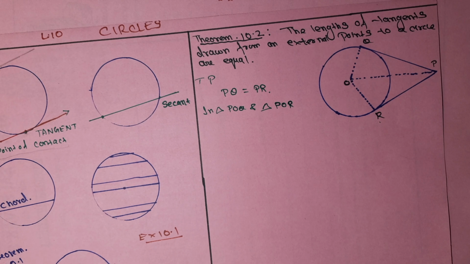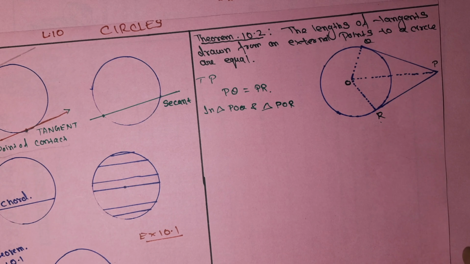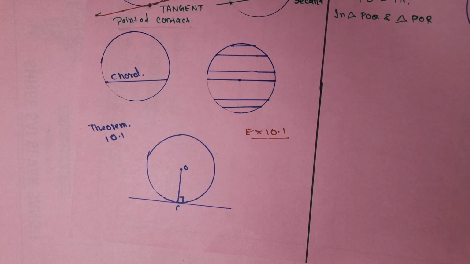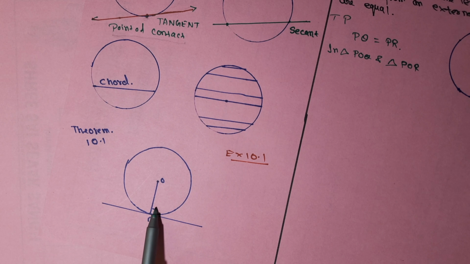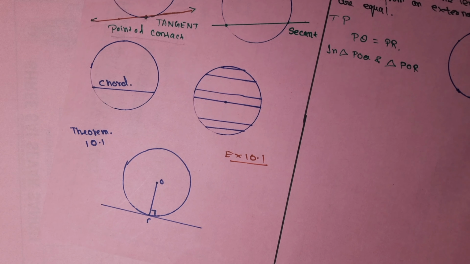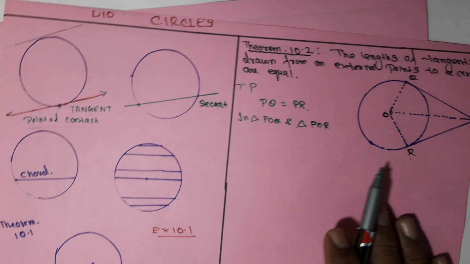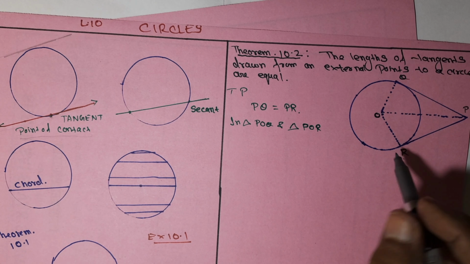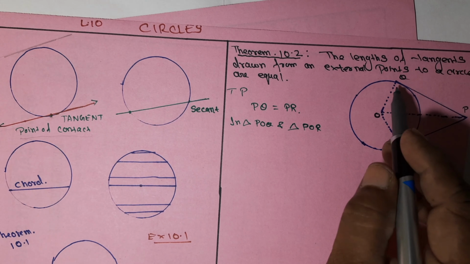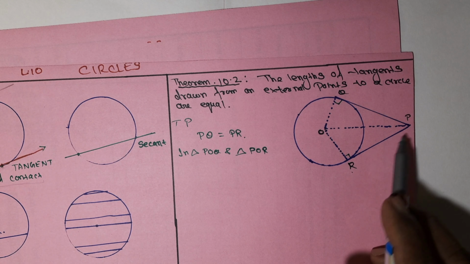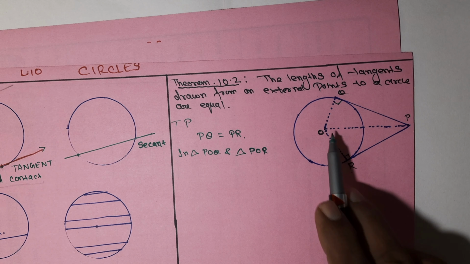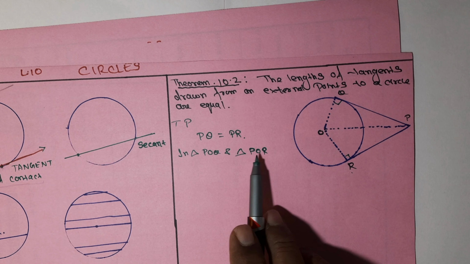In these two triangles, you see, our theorem number 1 shows that the radius to the point of contact is perpendicular to the tangent. Similarly, this is also perpendicular. That means we have two right angle triangles, POQ and POR.